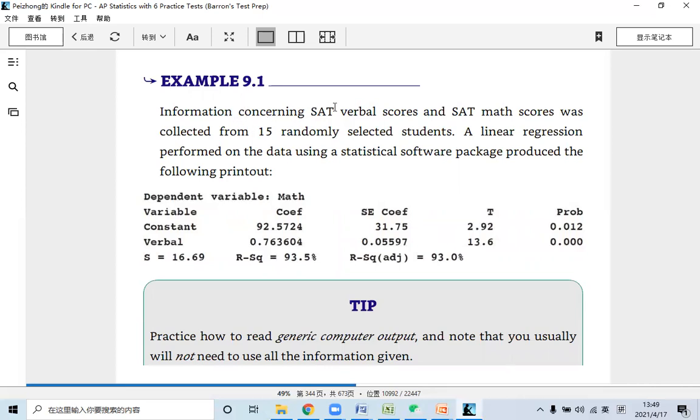Information concerning SAT verbal and SAT math was collected from 15 randomly selected students. You collect the data from 15 students, and linear regression is performed on the data using statistical software. And you have here the output. The dependent variable is math.